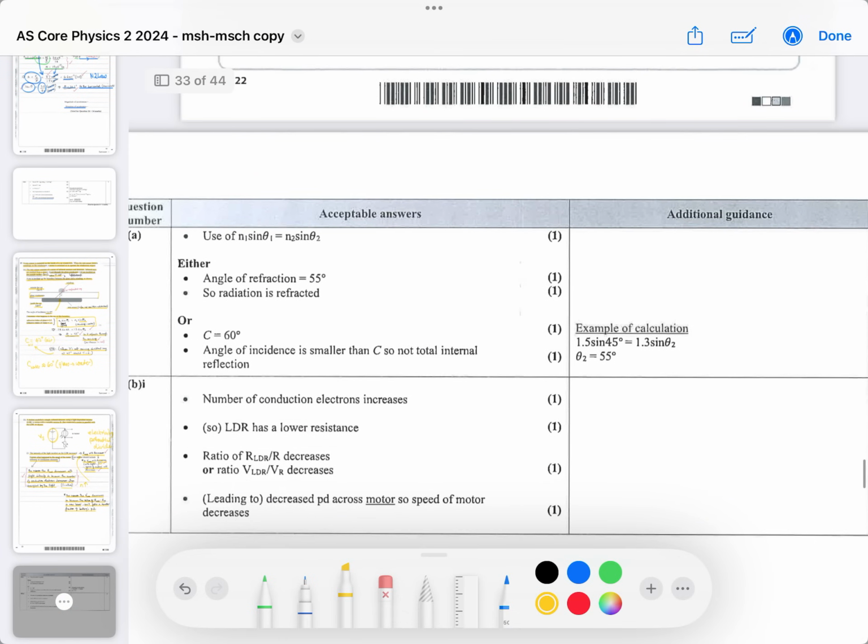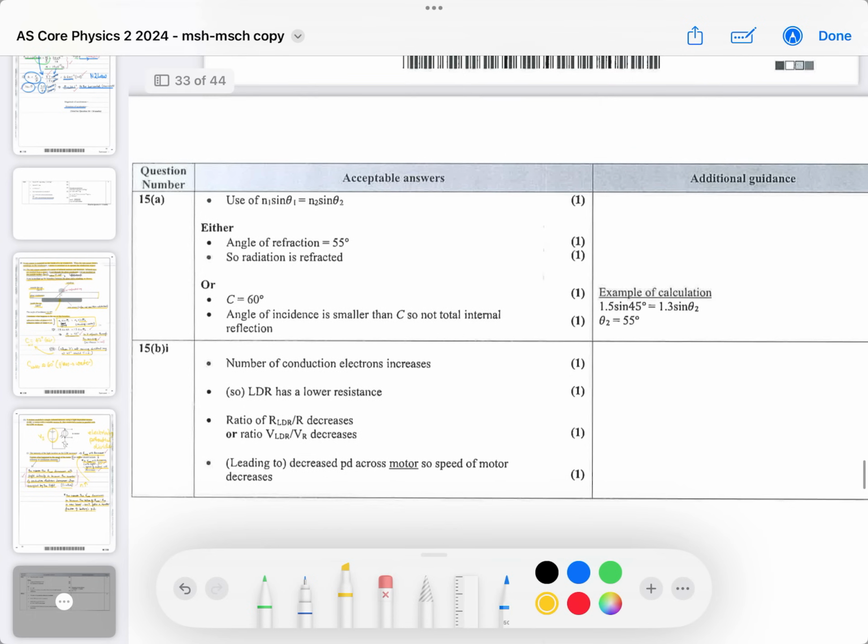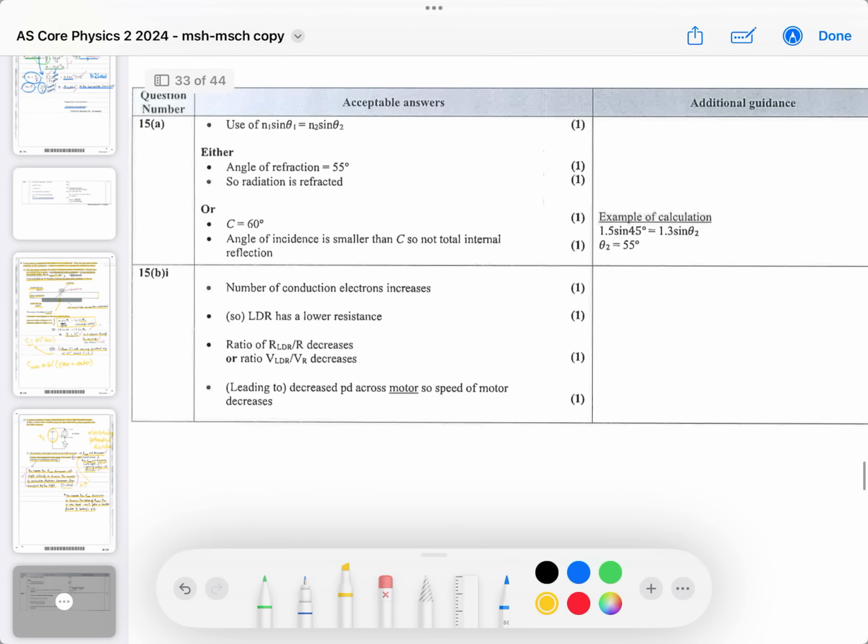Okay, there is parts 15A and B. And there you see the critical angle for glass to water, yeah, is 60 degrees. And here's the 4 marks that I was explaining just now to you.